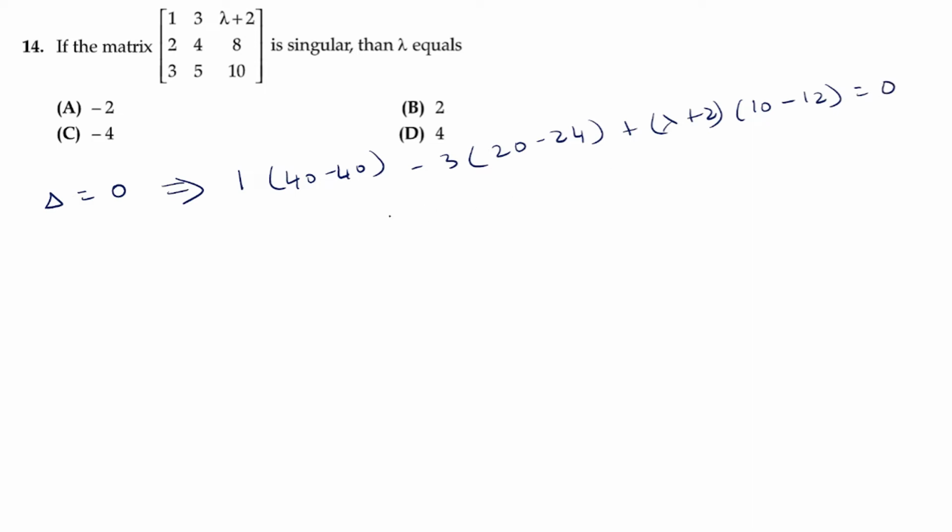This is equal to 0. So this implies 40 minus 40 is 0. So it is 12 minus 2 lambda minus 4 equal to 0. So this implies 2 lambda equal to 8 or lambda equal to 4. So the correct option is option D.